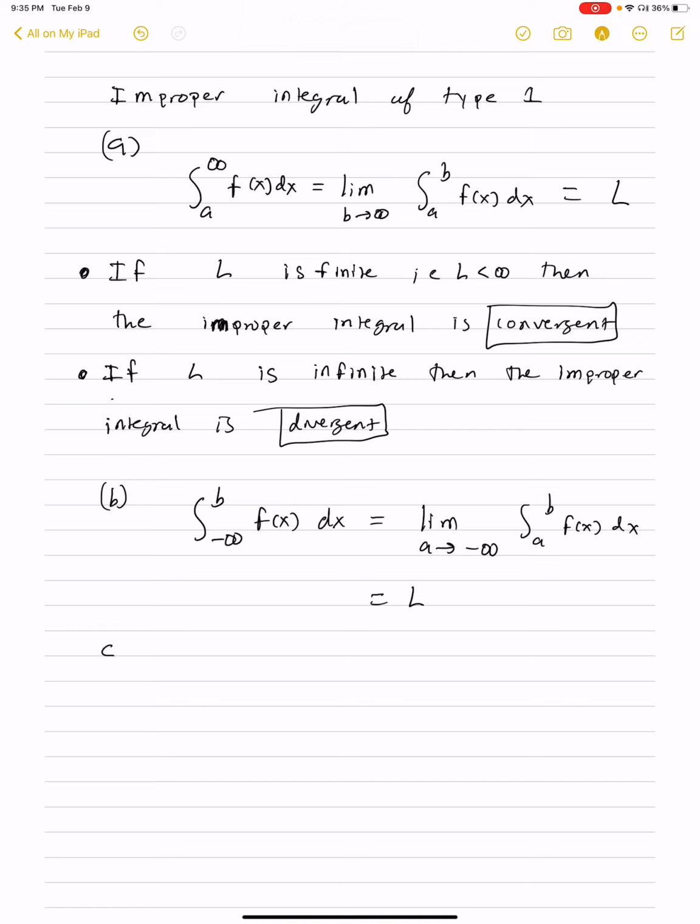And there's a scenario C here, which is that we have this integral from minus infinity to positive infinity of f of x dx. And the convention here is that we break these into two: minus infinity to a of f of x dx, and the integral from a to infinity of f of x dx.